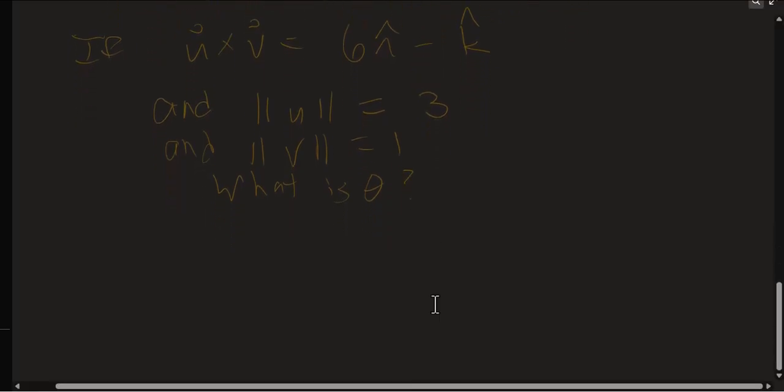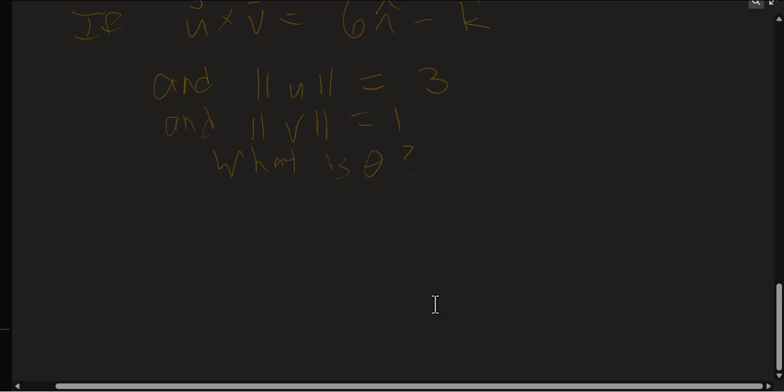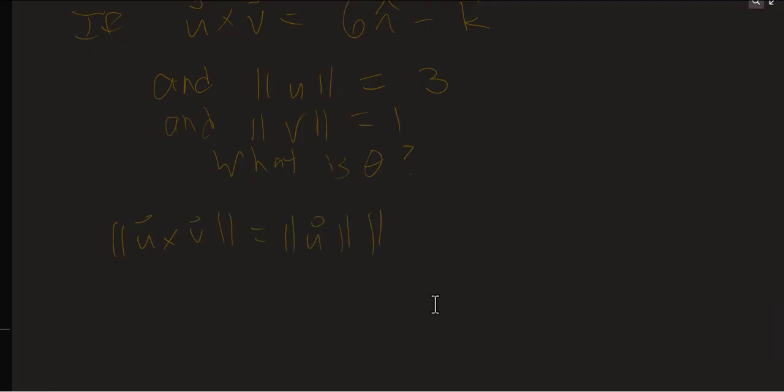Alright, so with all these magnitudes in here, we'll be looking at the magnitude of u cross v equals the magnitude of u times the magnitude of v times the sine of the angle between them.